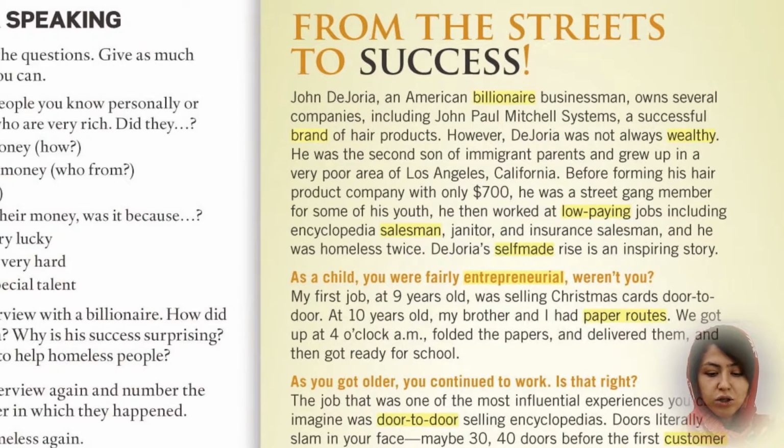So, John DeGioia, an American billionaire businessman, owns several companies including John Paul Mitchell Systems, a successful brand of hair products. However, DeGioia was not always wealthy. Wealthy means with money, having a lot of money.